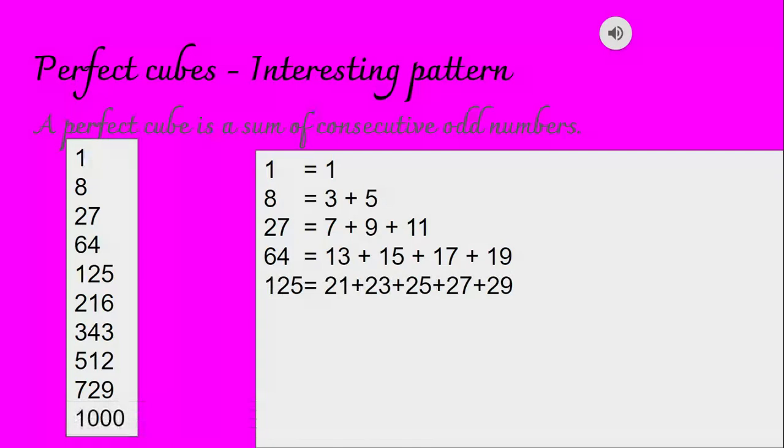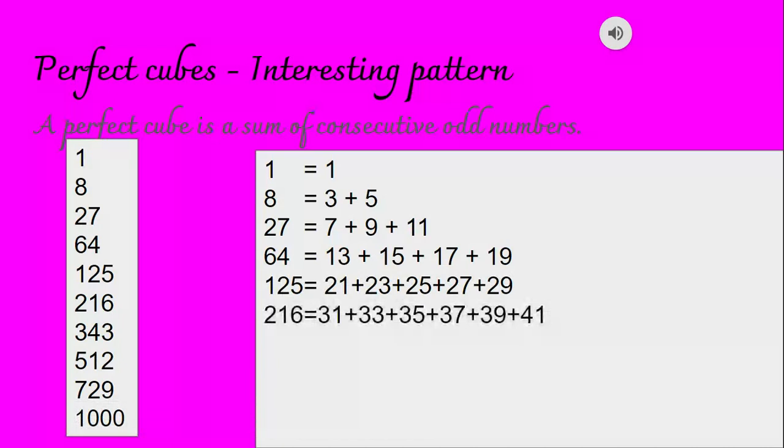So in that way, even without adding these numbers, you can guess what would be the numbers whose sum becomes 216. It would be 31 plus 33 plus 35 plus 37 plus 39 plus 41.